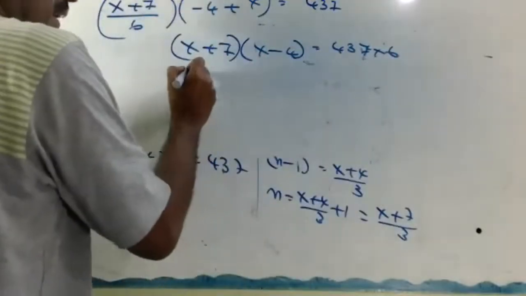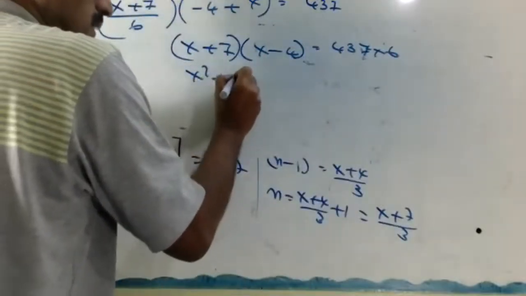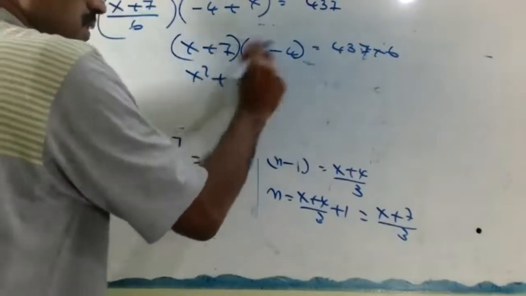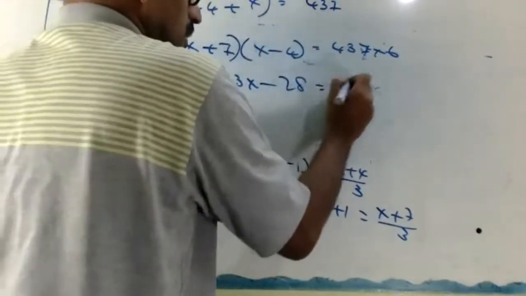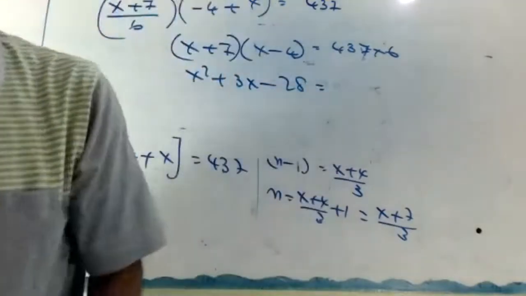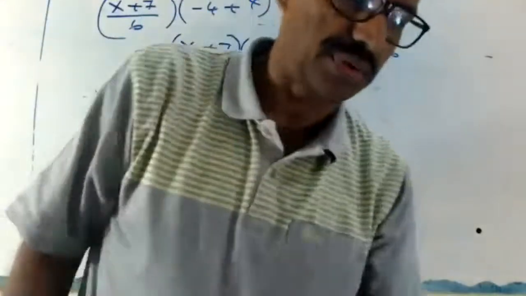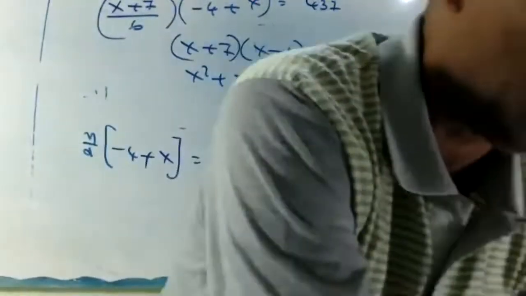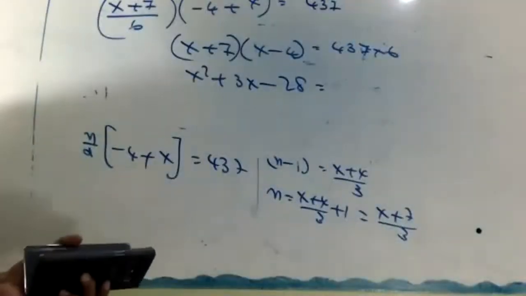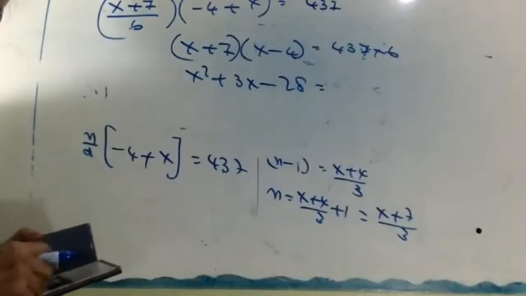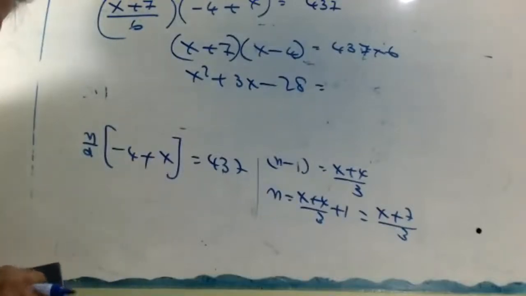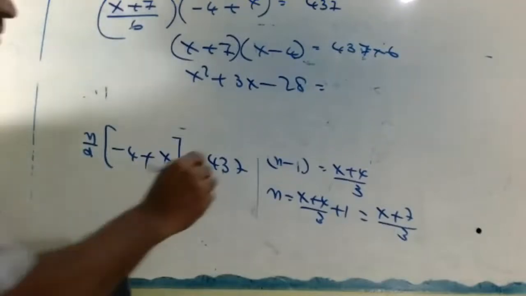So this one, x square plus 3x minus 28 equal to, you find out that. For 437 into 6, how much? 2622.